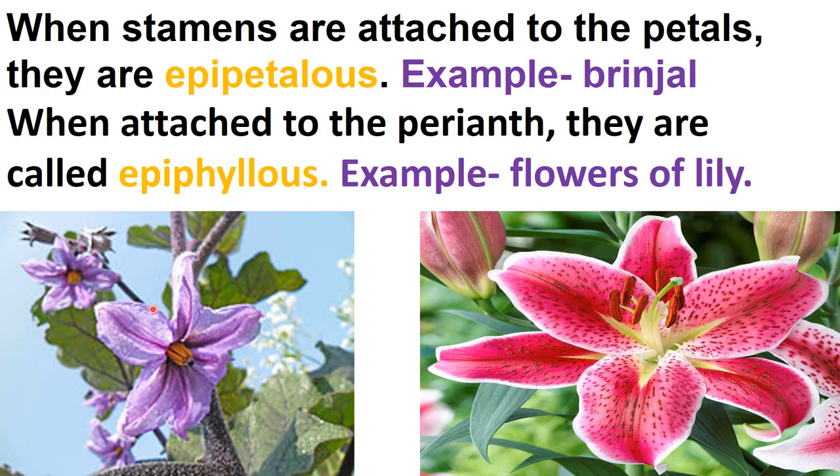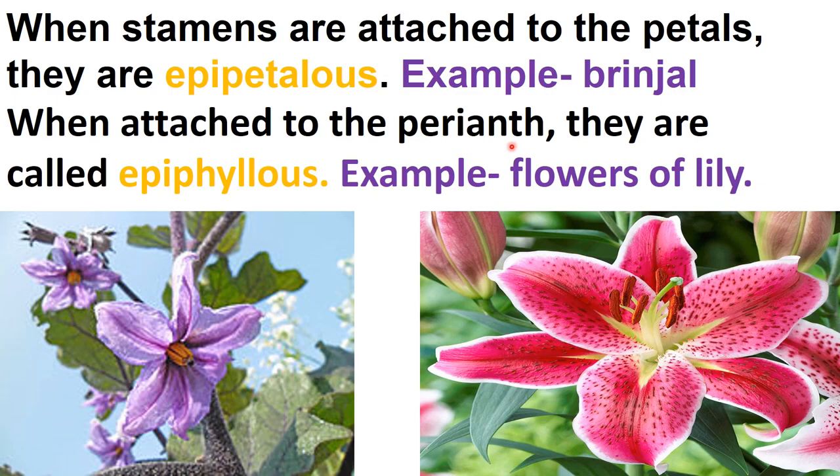And in the second condition, stamens are attached to the perianth. What is perianth? I hope you remember, when there is no differentiation between the sepals and petals, that is called perianth.